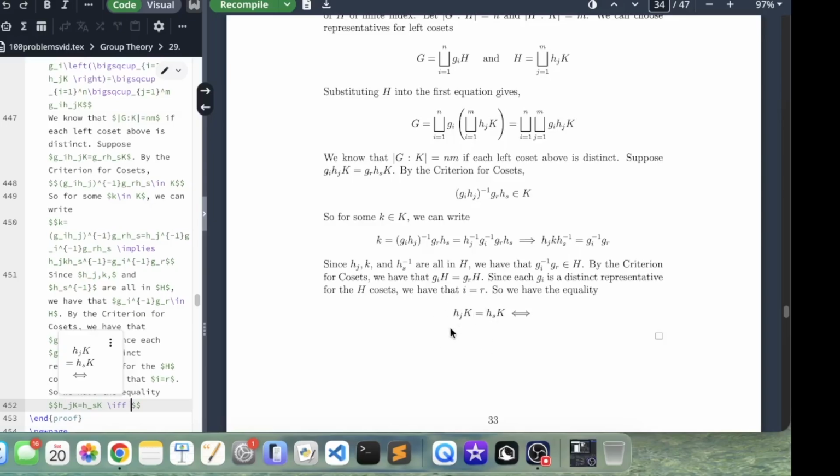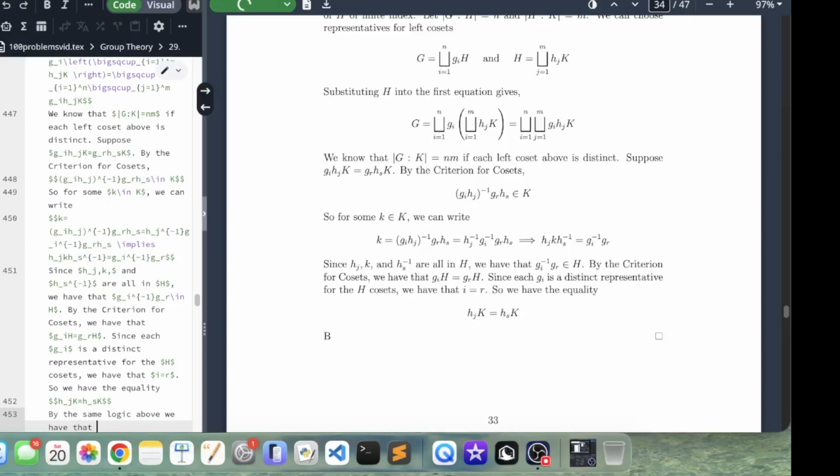We just use the same logic above. We get this equality by the same logic above, so we have that j is equal to s, since each h_j is a distinct representative for the K cosets.